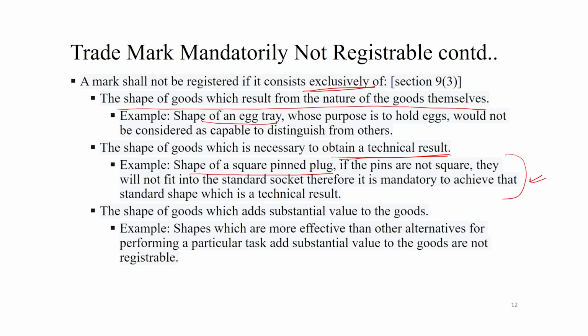Third, the shape of goods which adds substantial value to the goods. For example, shapes which are more effective than other alternatives for performing a particular task and add substantial value to the goods are not registrable. So, we saw what is not registrable in 9(1), clauses A, B, C: generic words, descriptive words, and words which lack distinctiveness.